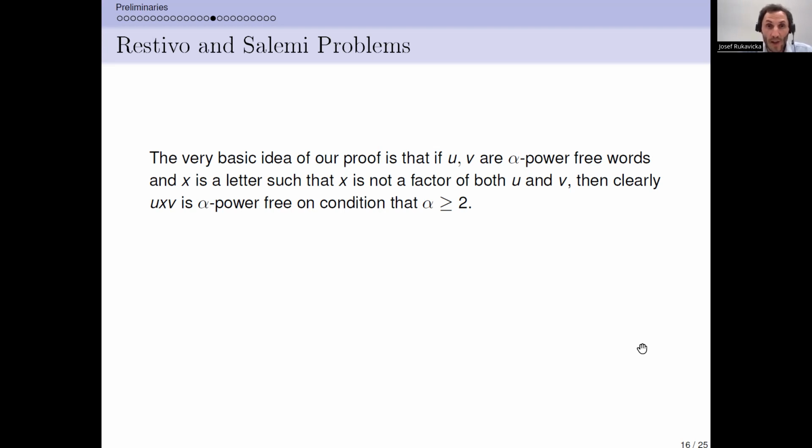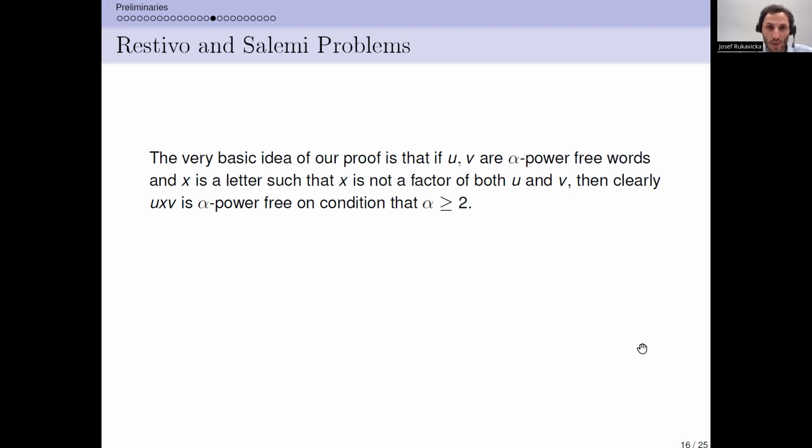This is clear. But what I'm doing in the proof, I'm considering a bunch of the occurrences of the letter x. I'm using some finite number of occurrences of the letter x instead of one single occurrence. So this is the generalization of this idea that I used and that allowed me to prove my result.